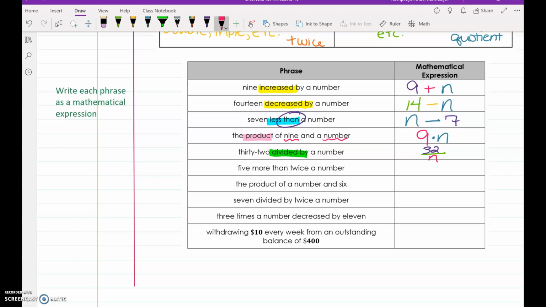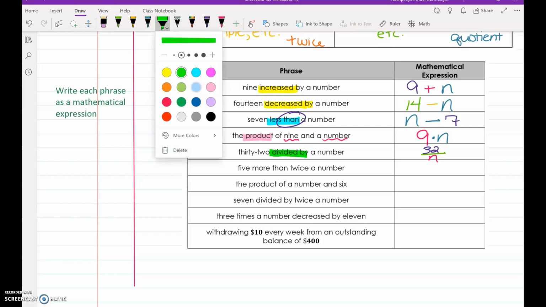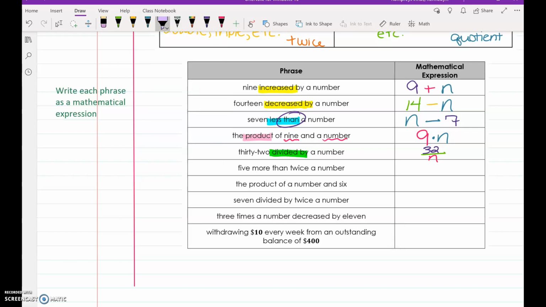Easy peasy. All right, 5 more than twice a number. So again, what is that key word that I want you to look at? 5 more than twice a number.